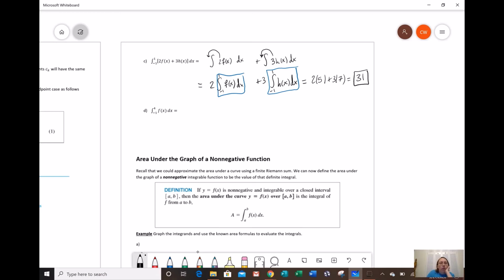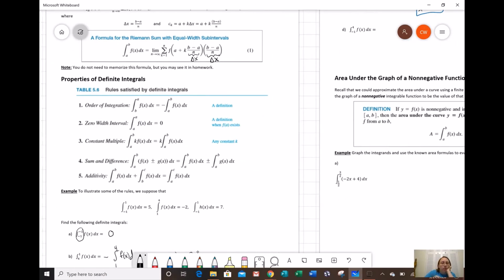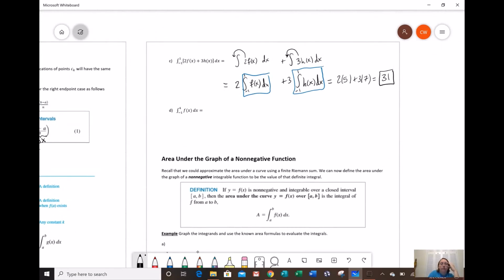All right, one more. So the integral from -1 to 4 f of x dx, what did they give us? They gave us the integral from -1 to 1 and from 1 to 4. So how do we use these two to find what they're asking us? Well, because we stop at 1 and then we pick up at 1, the inside is the same. It says in the additivity, all we have to do is add the two answers together. So 5 and -2.